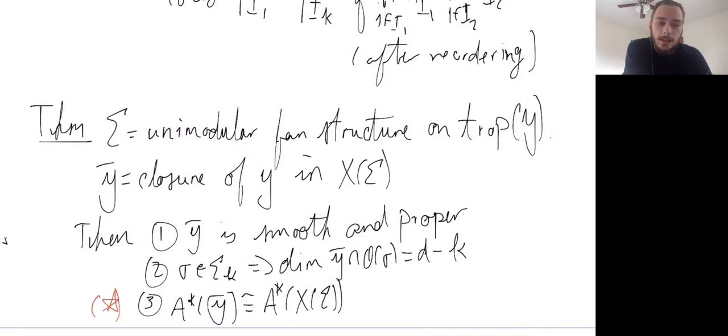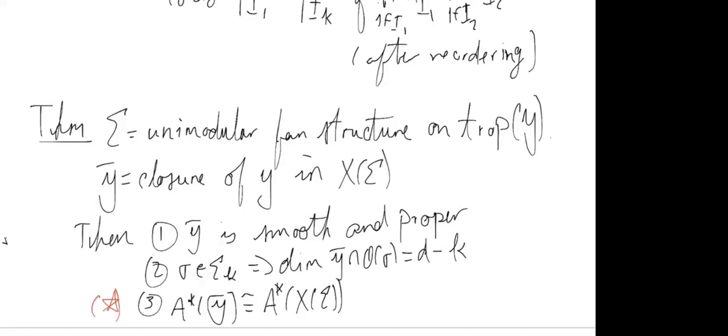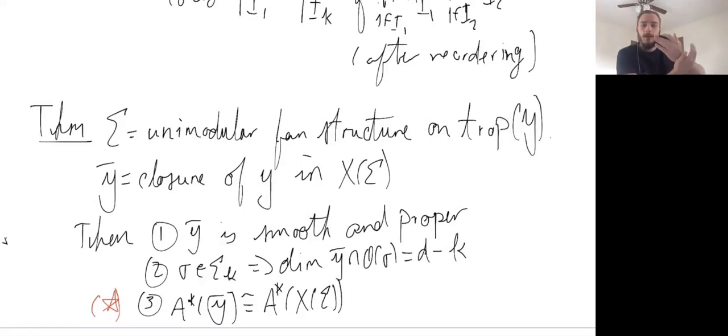So this is stratified by torus orbits, which correspond to the cones of this fan Σ. And then the second condition here just says that this stratification of this toric variety pulls back to a nice stratification of this compactification Y bar as well.